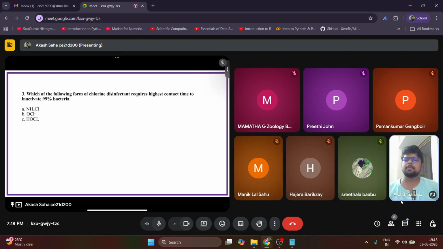Next problem, let's see. Which of the following forms of chlorine disinfectant requires the highest contact time to inactivate 99% of bacteria? Is it NH4Cl, OCl minus, HOCl? So which disinfectant will require the highest amount of time?